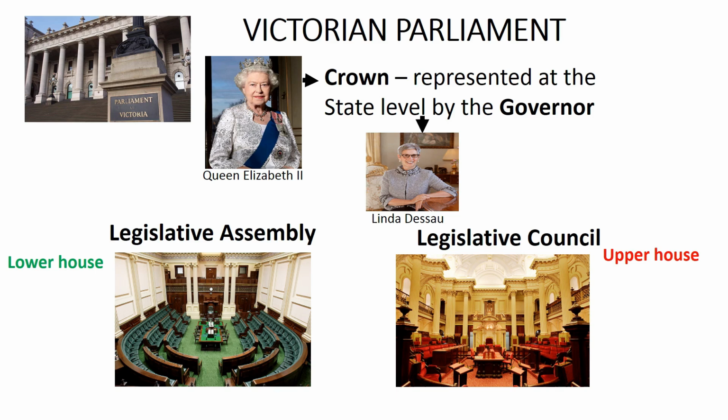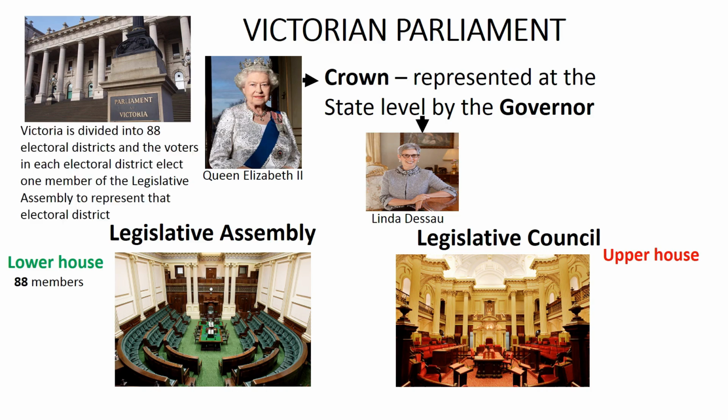The Legislative Assembly, that is, the lower house in the Victorian Parliament, has 88 members. And this is because Victoria is divided into 88 electoral districts, and the voters in each electoral district elect one member of the Legislative Assembly to represent that electoral district.